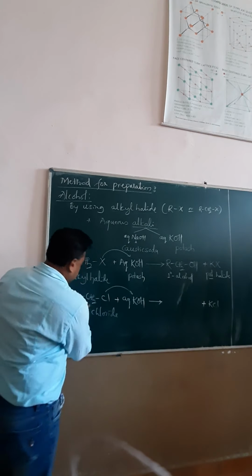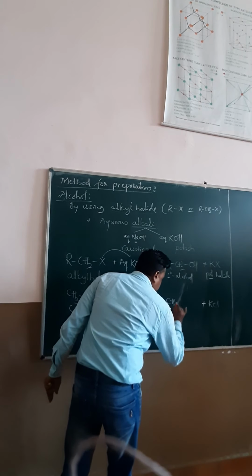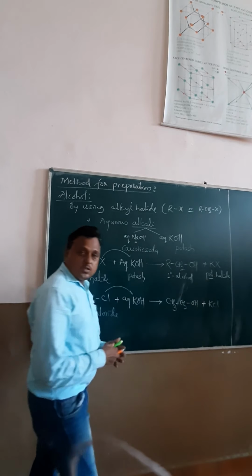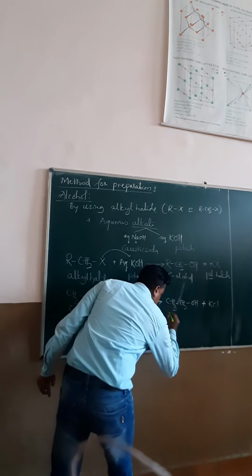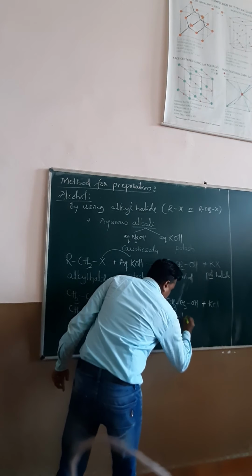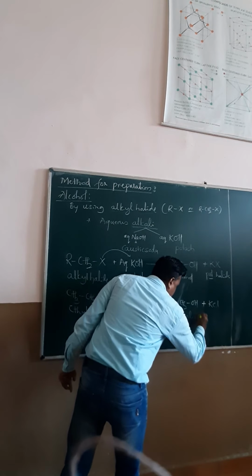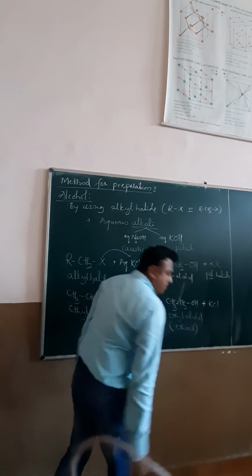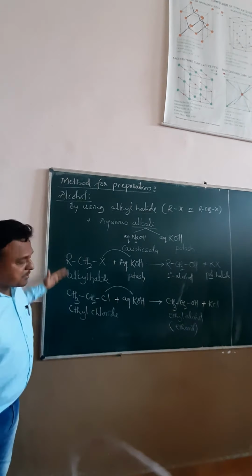Now our product is CH3CH2OH, a primary alcohol with two carbons. The name of this compound is ethyl alcohol. In IUPAC, we call it ethanol. This is a very simple preparation.